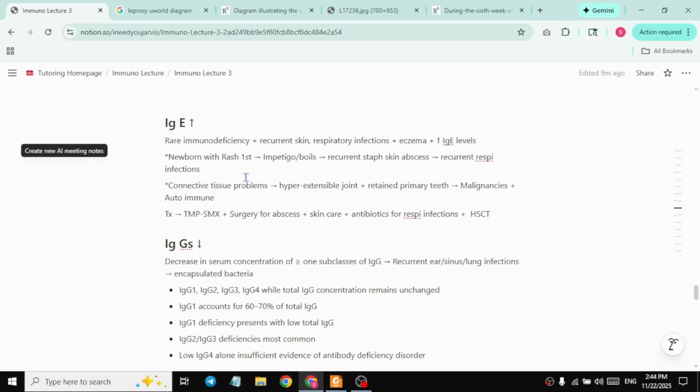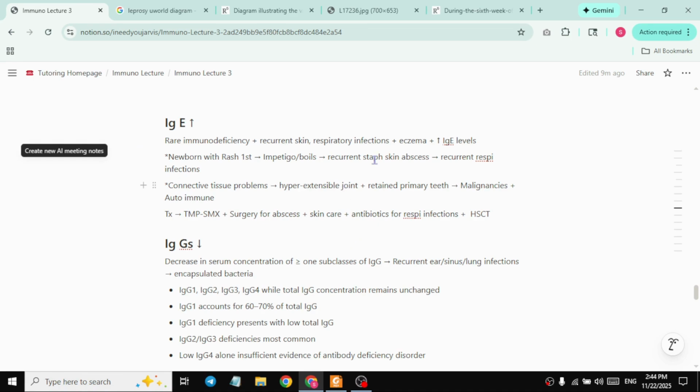So you're dealing with a small child, right? And they're showing up with a continuous spectrum of infections, right? The other thing you might see in these individuals is connective tissue problems. Usually you don't see connective tissue problems with any of these immunodeficiencies, right? But here you might see that they have hyperextensible joints, similar to Ehlers-Danlos, Marfan, all of that.